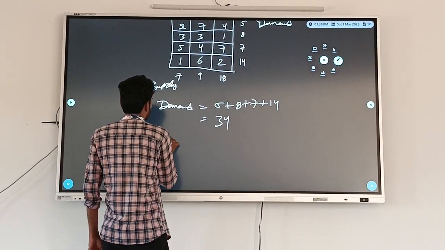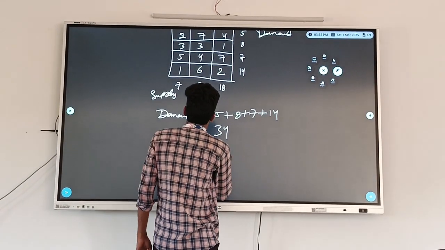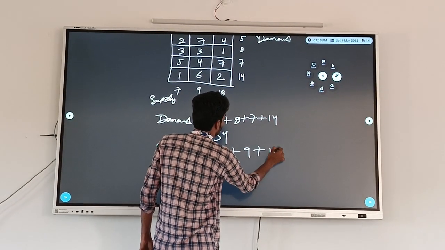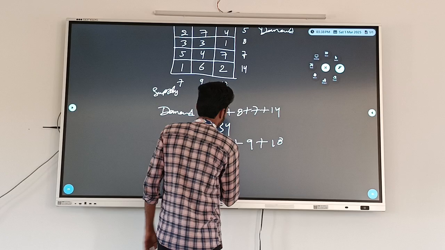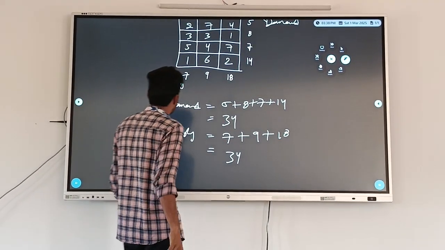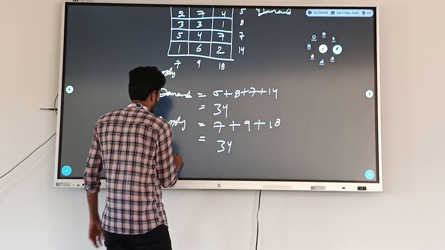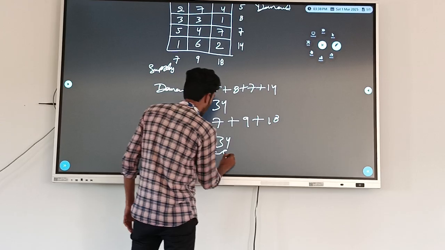Next, supply values. Down plus 9 plus 18 equal to 34. Then demand and supply values, both values are equal. Then we have to write the demand equal to supply values.